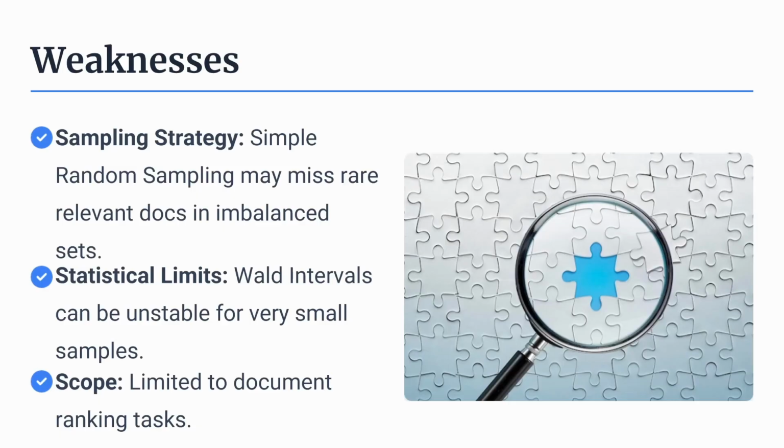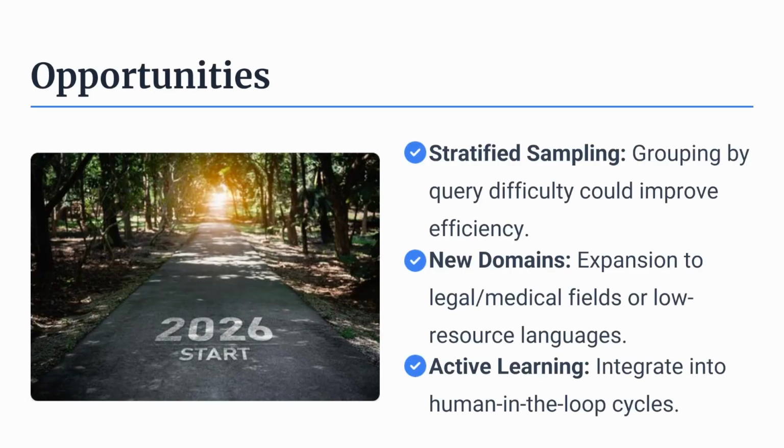The current framework is also limited to document ranking tasks and has not yet been extended to generative tasks. And opportunities for improvement include introducing more advanced sampling methods, such as stratified sampling, where layering based on query difficulty might be more efficient. Furthermore, combining this with active learning could focus human intervention on the most uncertain samples.